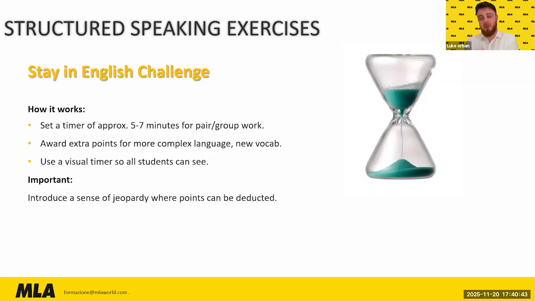If I set a timer for 5 minutes, counting down, the students know that once it hits 0, they have to stop. Whereas if I get distracted and the timer's going up, they could get some extra time, which we need to avoid to keep the timings of the activities quite tight.